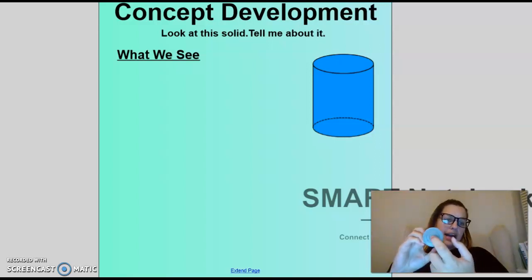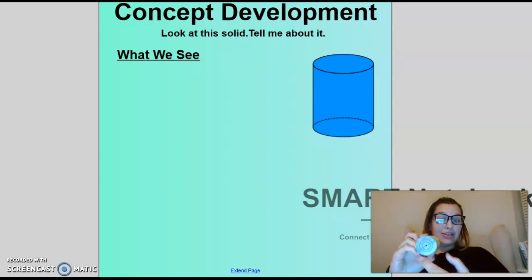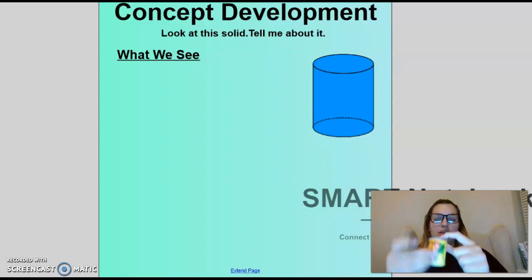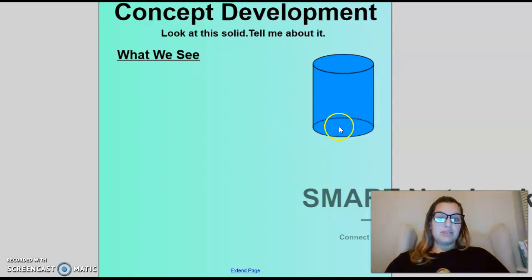If we were looking at the top, what shape is this? A circle. Does it have any sides? No, it just goes around and around and around. And then, so there's the top. Look at the bottom. What shape is that? Another circle. Very good. You can see this in the picture too. One here and one here.